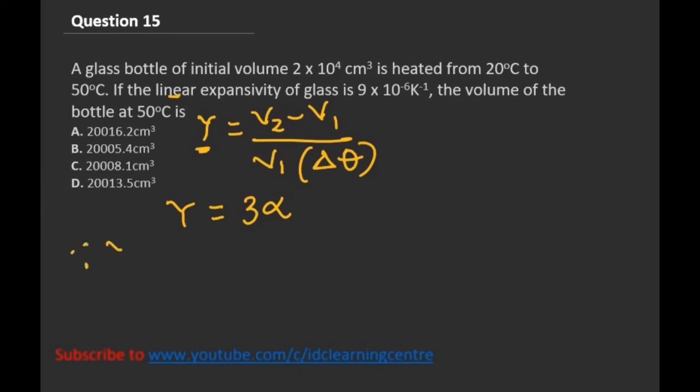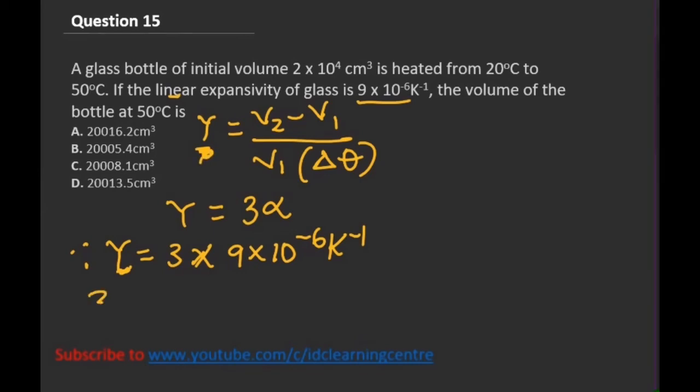Therefore, this cubic or volume expansivity equal to 3 times the linear expansivity, which was given as 9 times 10 raised to power minus 6. Okay? By substitution now, substitute this into this formula. This volume expansivity, which I have here, replace it here.